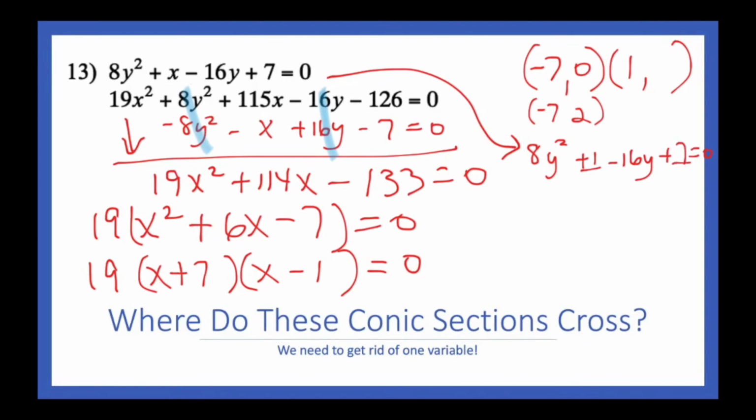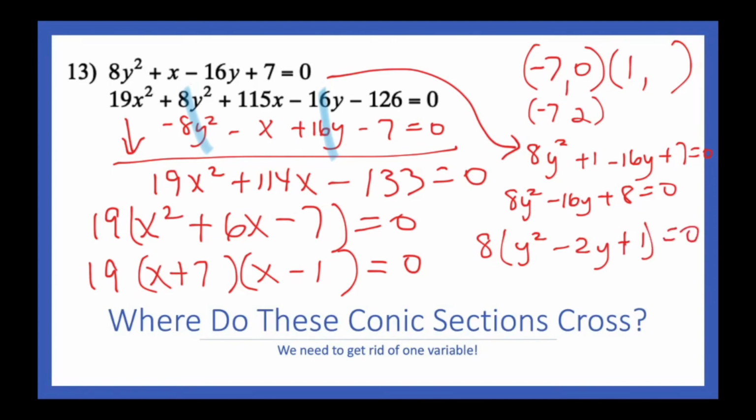These are going to combine to become 8. We're going to have 8y squared minus 16y plus 8 equals 0. Let's take an 8 out of all of them. y squared minus 2y plus 1 equals 0. Let's factor that one.